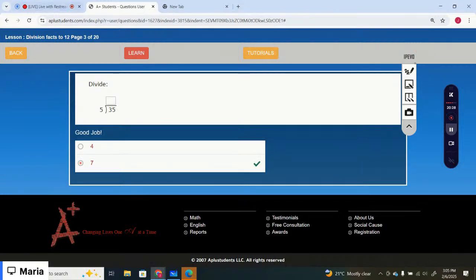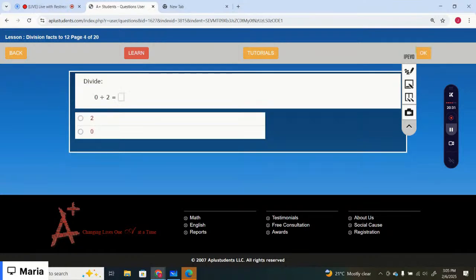The correct option is 7. Next, 0 divided by 2 is 0. Option number 2 is the correct option.